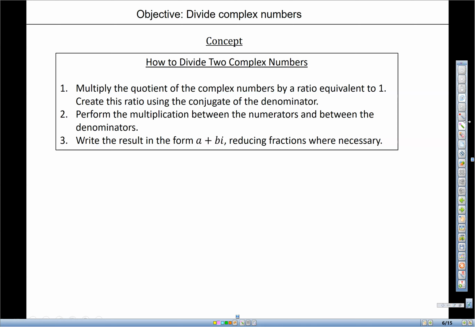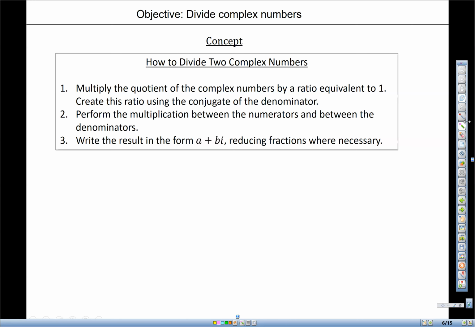But it'll start off as some sort of complex number that involves an i somewhere. And so for us to be able to get rid of that i factor and have only a rational number left, we need to multiply our denominator by its conjugate.